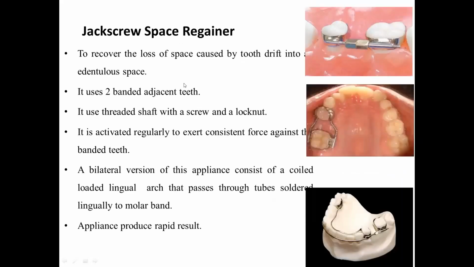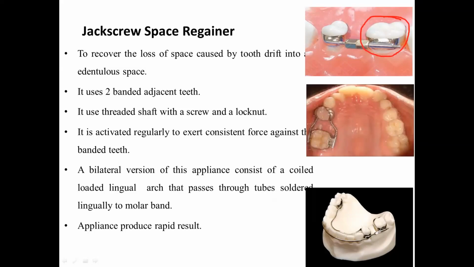Another appliance is called the jack screw space regainer. You see, in the first example, the open coil space regainer, we had only a molar tooth which was banded.